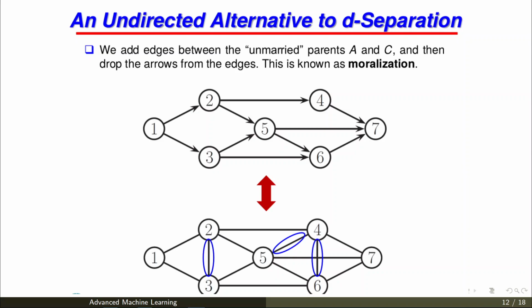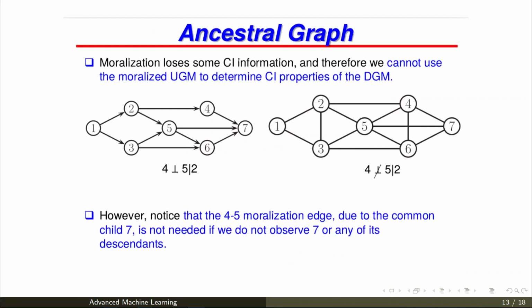So moralization is not going to maintain the conditional independence properties of a directed graph. This is the moralization which we have done in this graph. The unmarried parents are linked together. That is how we moralize. Let's see this directed graph and the corresponding moralized undirected graph.